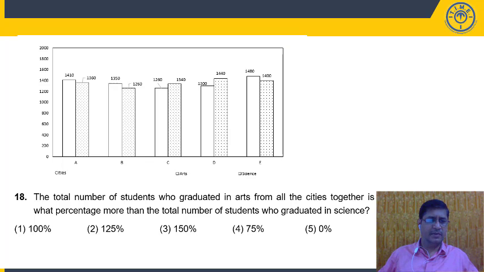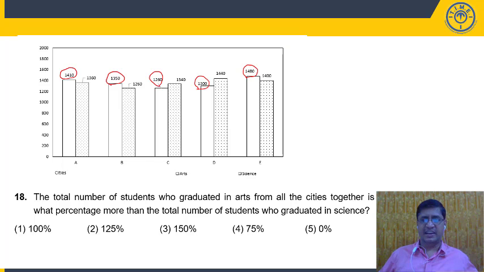Means 1400 plus this value 27 plus this 39 plus this 52 plus this 66 plus the remaining values. Remaining values means now 80 plus 140, 190, 200.